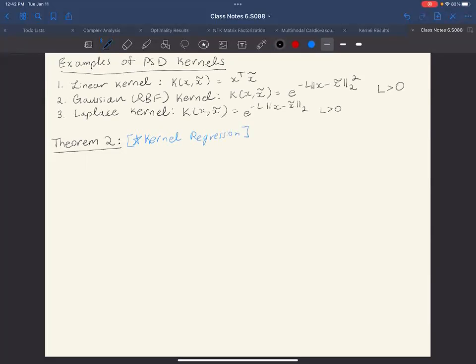I'm going to write this out a bit formally. Let H be, I'm going to use the word Hilbert space here, but again, just think of it as a space with an inner product.